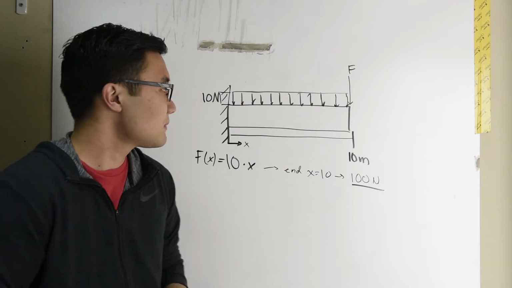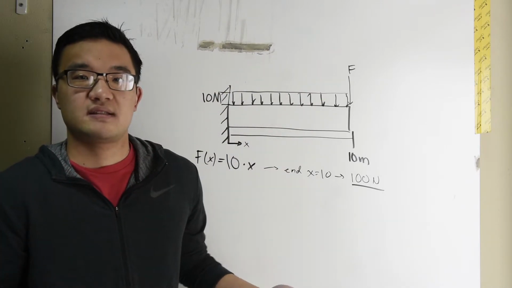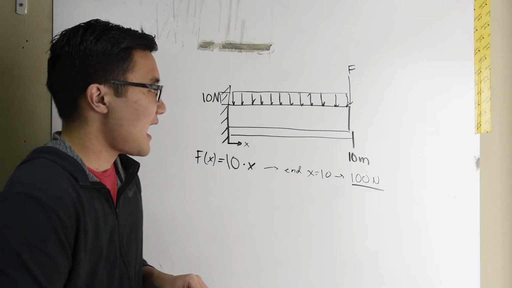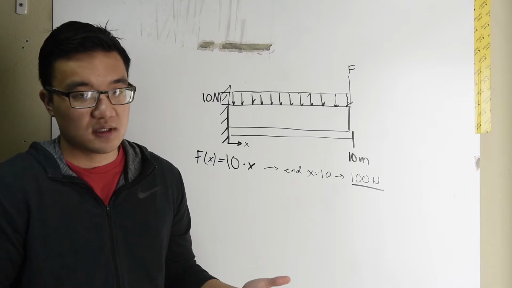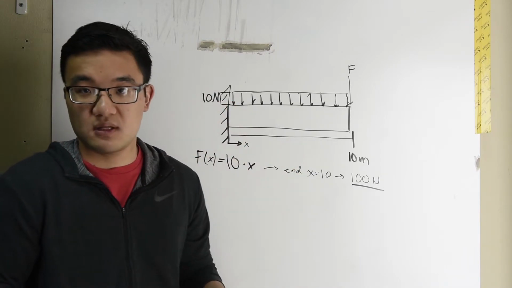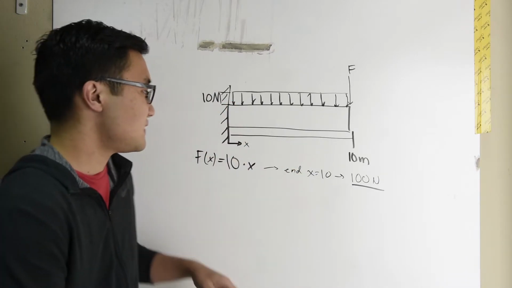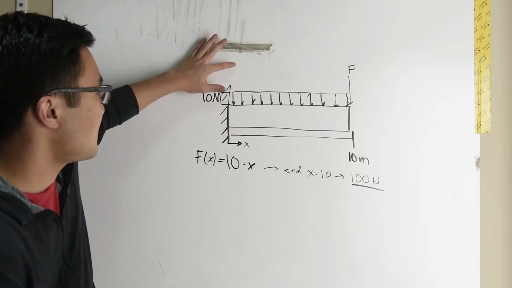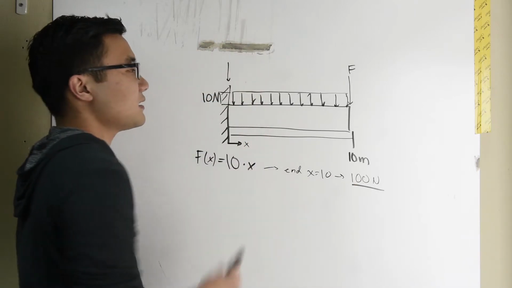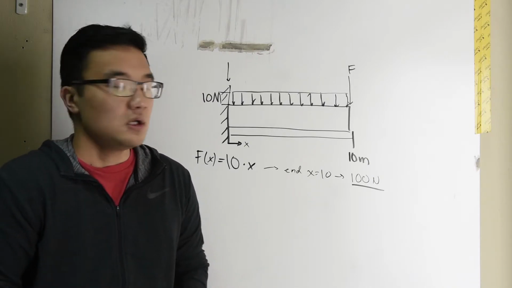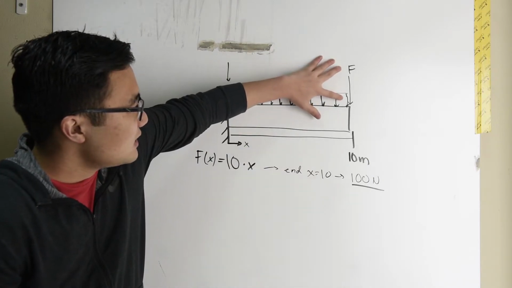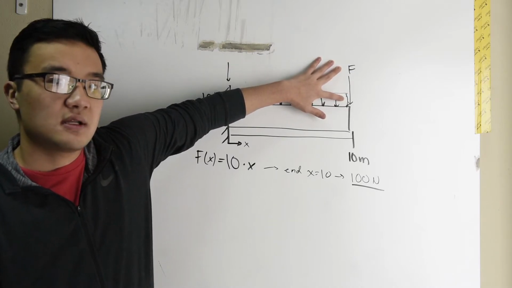Quite simple. However, where do I place this load? Where is this load acting? Because remember, we have to calculate moment. And the moment, due to this distributed load, has to be essentially accurate, right? We can't just say, okay, we got 100 newtons and it acts right here. Because then what? The moment created by that would be 0. But if I look at this element out here, it is creating a moment.